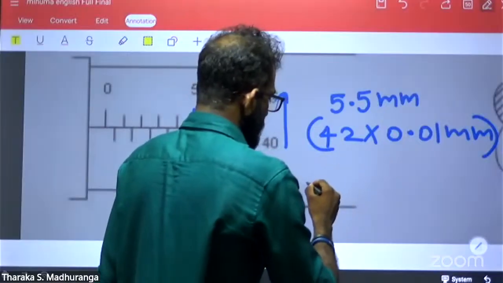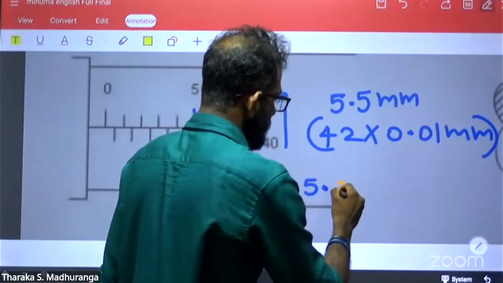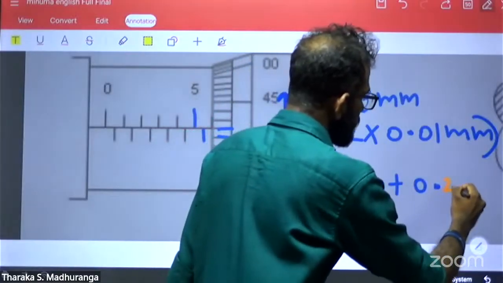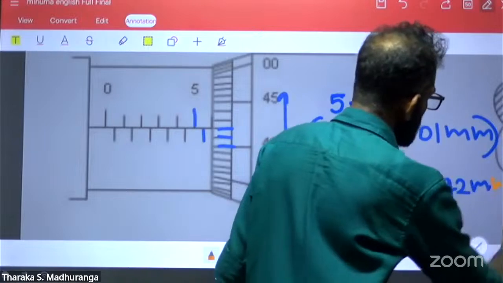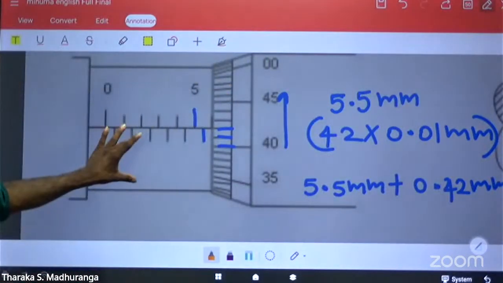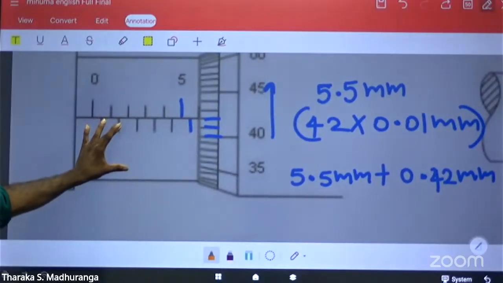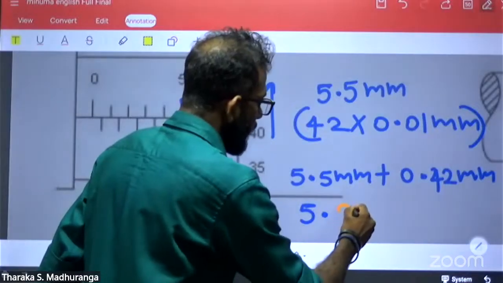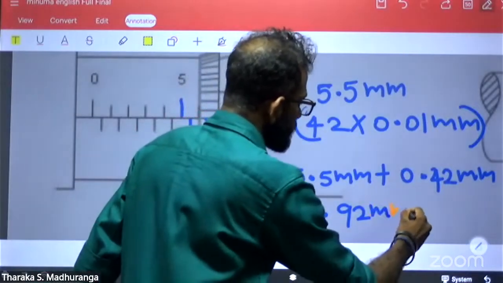Now the measurement is 5.5 millimeter plus 0.42 millimeter. How do you get this? By adding. What's the value? 5.92 millimeters.